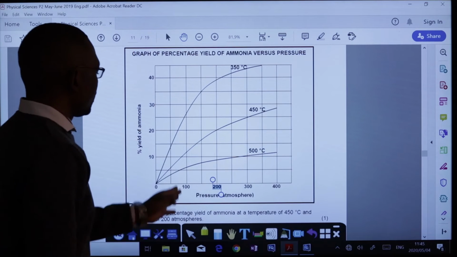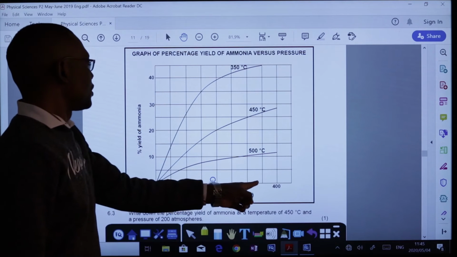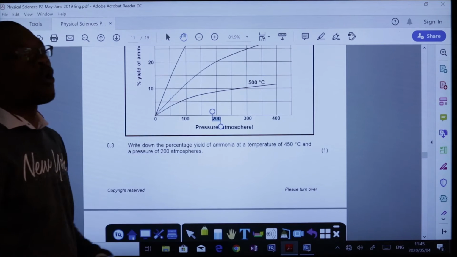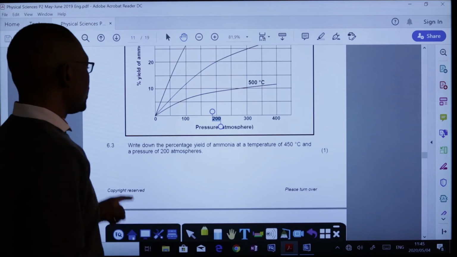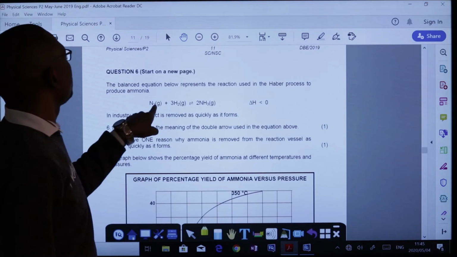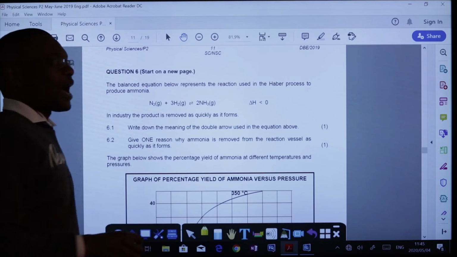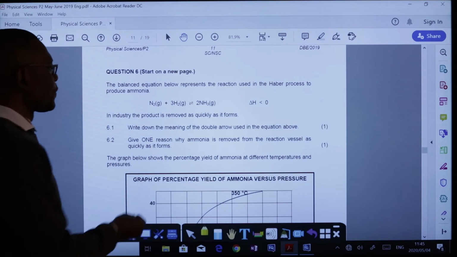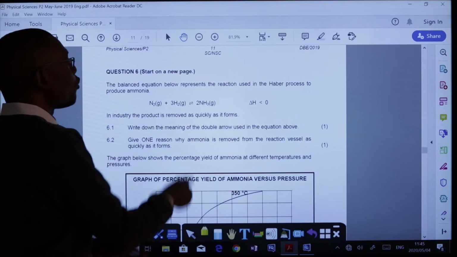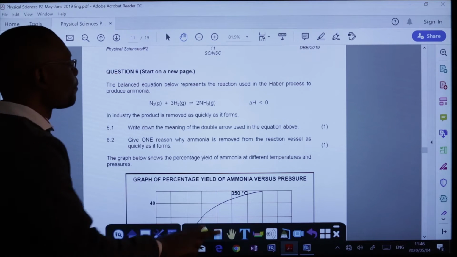The higher the pressure, the more you increase collisions between the gaseous reactants. Remember, our balanced equation is showing us that the reactants are gaseous molecules, and if you do a molecular count, on this side you've got 4 molecules of gases, while on this side you've got 2 molecules.